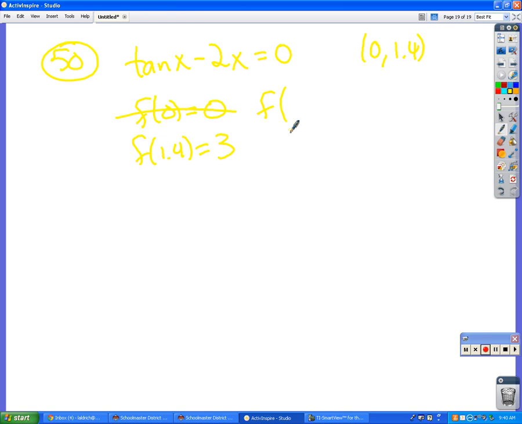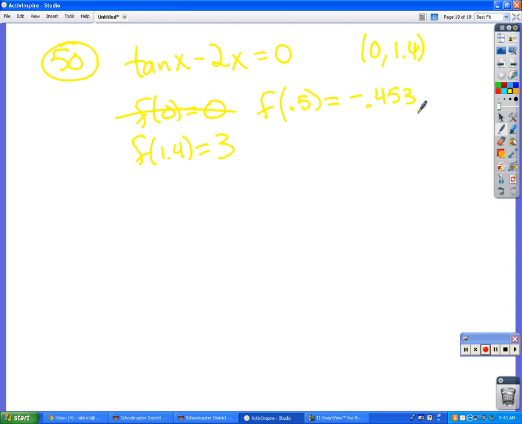Let's try f of 0.5 just for funnies. I'm still inside this interval, so it's okay. What do you get if you plug 0.5 in there? Do you get a negative for it? Okay, negative what? What did you get? Negative what? Okay, negative 0.453-ish. So you could have done that. So 0.5 works also.